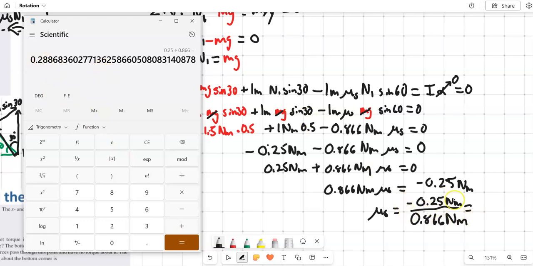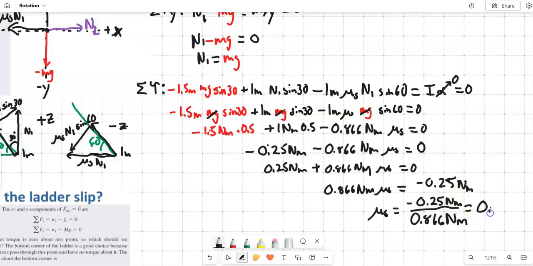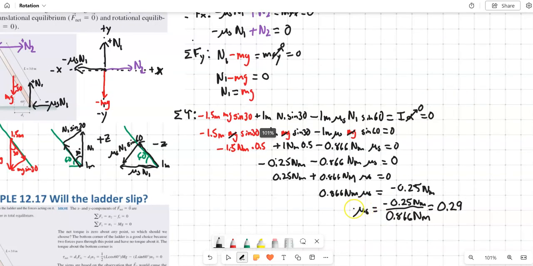So the negative is just kind of unimportant. You can't have a negative value for mu sub s, so that's just kind of a math thing. It kind of worked out. So this works out to be 0.29. So what this is basically saying is that the minimum value of mu sub s that this has to be to hold up this ladder is 0.29.